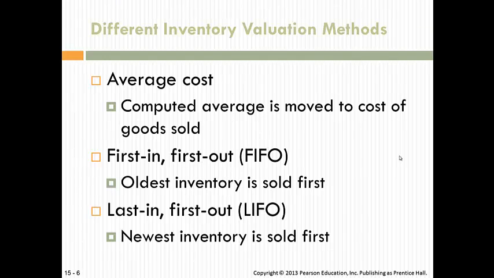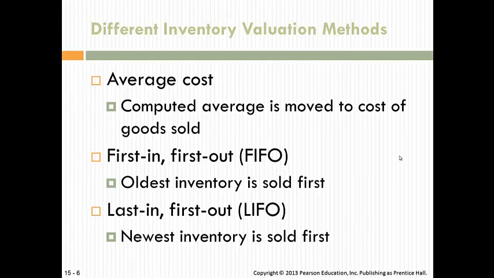An assumption in accounting is when the accountant considers something as fact, even though it might not actually be fact 100% of the time. The first of these valuation methods is called the average method. The average method means taking the average cost of the goods over a period of time and using that average as a cost per unit.